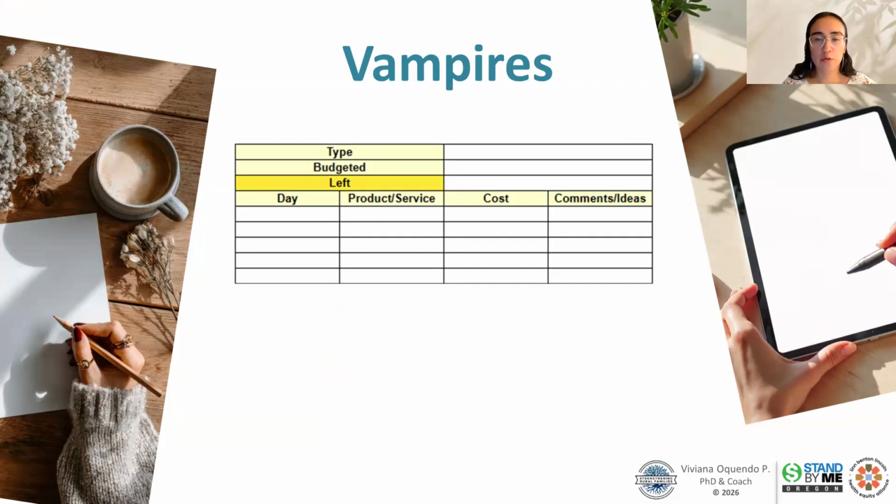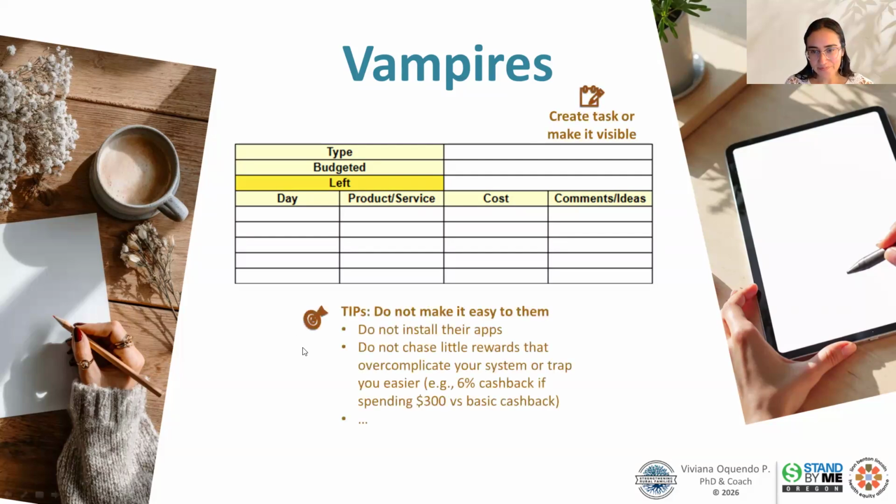But you have to know yourself. If you need to take care of something, just take care of it. So the tip is to create a task and make it visible, in the way that works best for you.